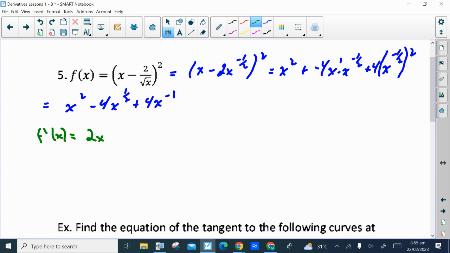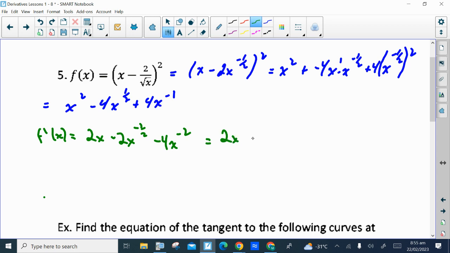To get the derivative of the next term, we multiply the exponent 1/2 by the coefficient in front, -4. So 1/2 of -4 is -2, x to the -1/2. And then -1 times 4 is -4x. And remember that the power decreases by 1. So there's an expression for the derivative.